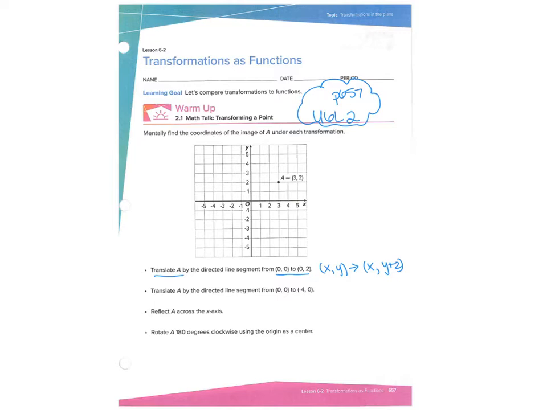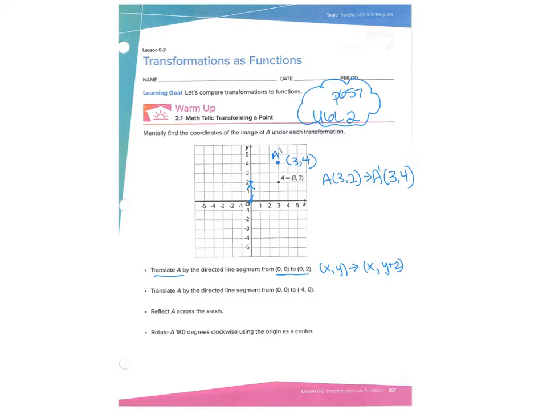If you think of starting at 0, 0 and going up to 0, 2, I'm just adding 2 to my y coordinate to do that translation. So to do that to A, to get A prime, that means that my A, which is 3, 2, would go to A prime, and I'm going to leave my x the same and add 2 to my y. So my A prime would be at 3, 4 on my graph.